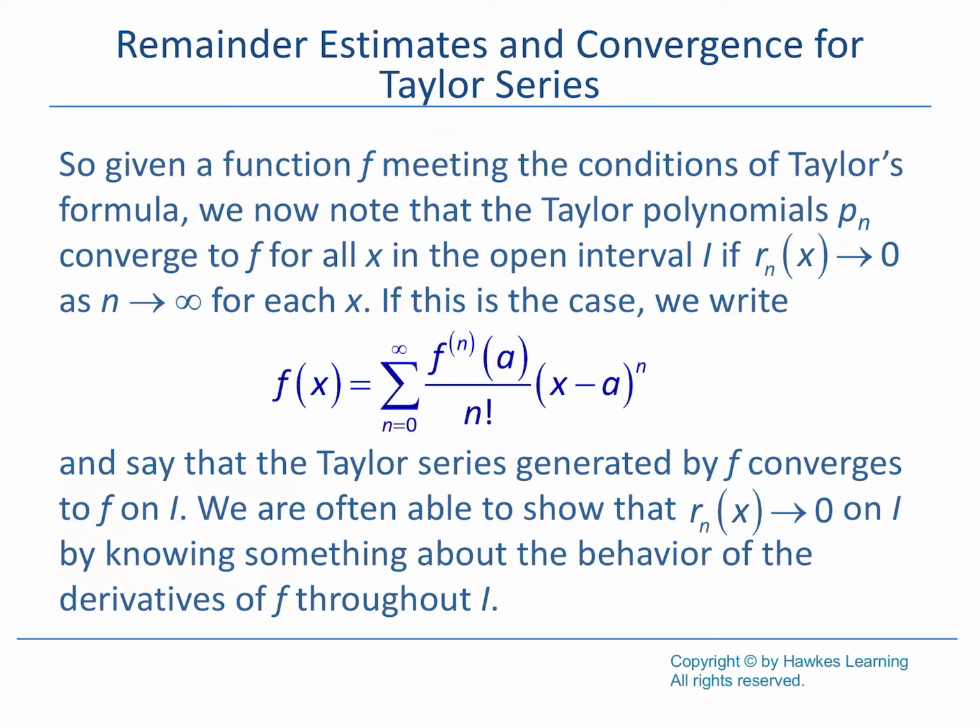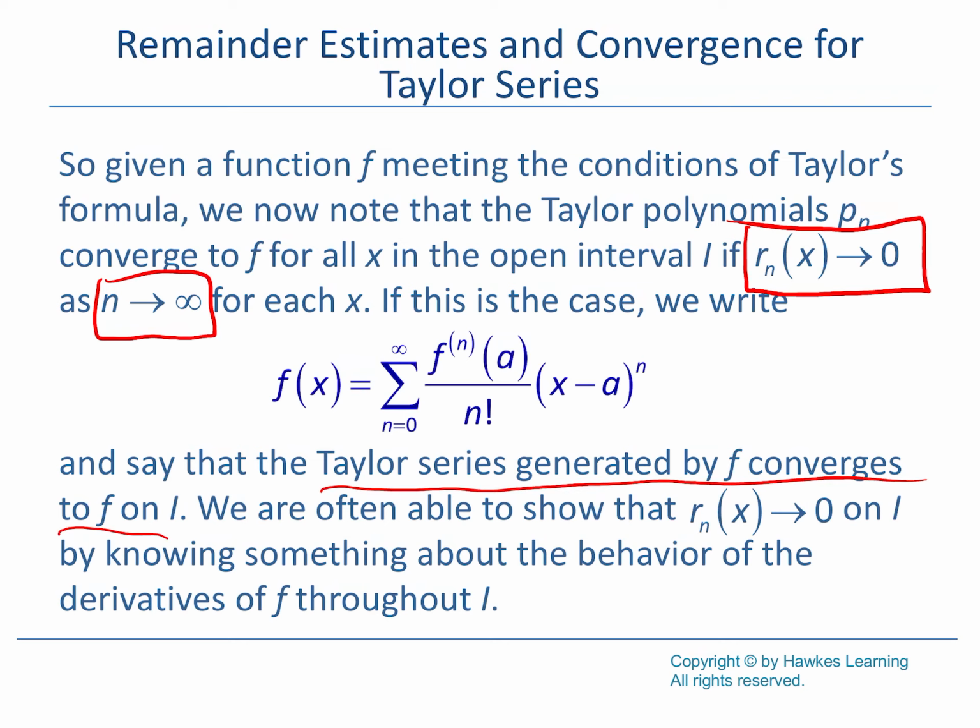We are definitely interested in when that remainder term goes to 0 as n goes to infinity, because that's precisely when the Taylor series converges to the generating function.